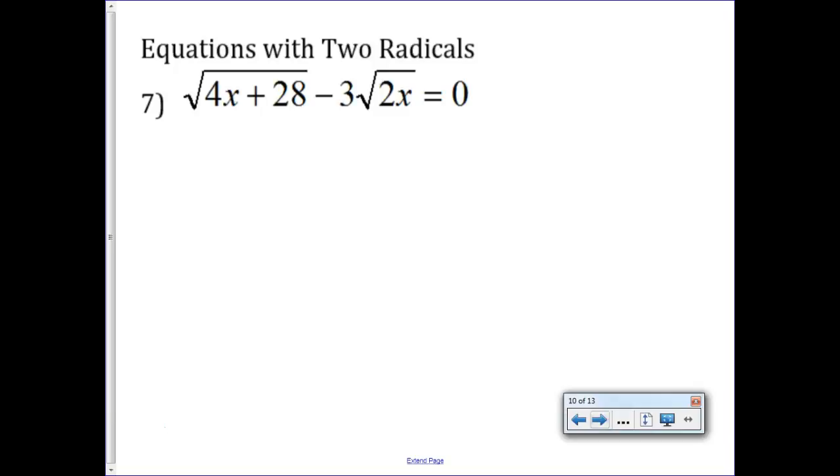All right, equations with two radicals. So when you have equations with two radicals, I'm going to move that one radical over to the other side. I'm going to add 3 radical 2x to the other side so that I can start to work with both of these sides by squaring them and getting rid of that radical.